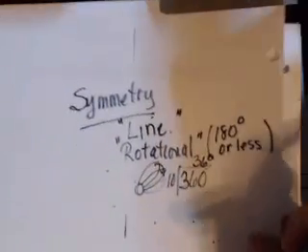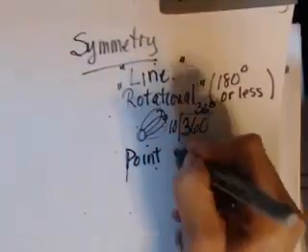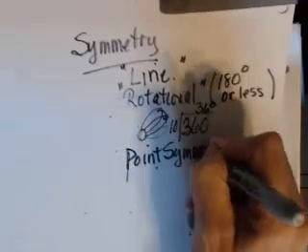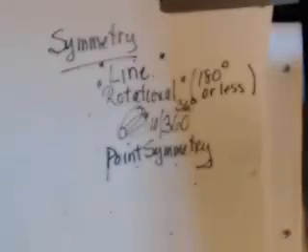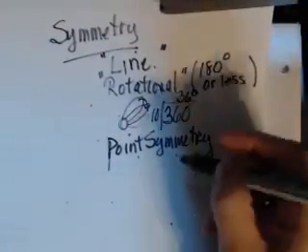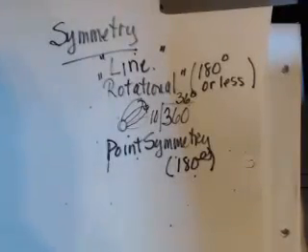Now, we did not talk about point symmetry. And point symmetry means that you can do a half turn and it maps to itself.